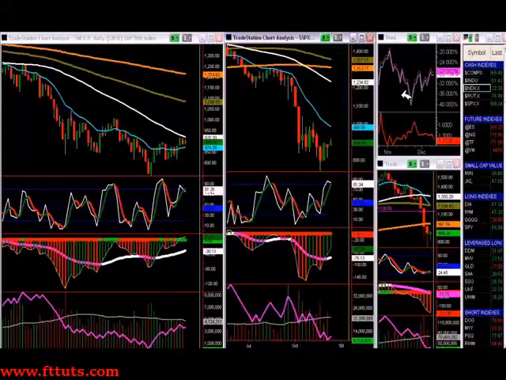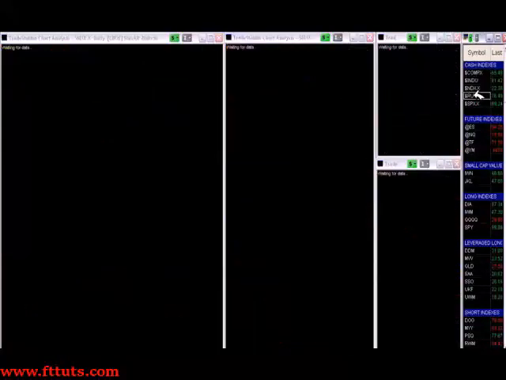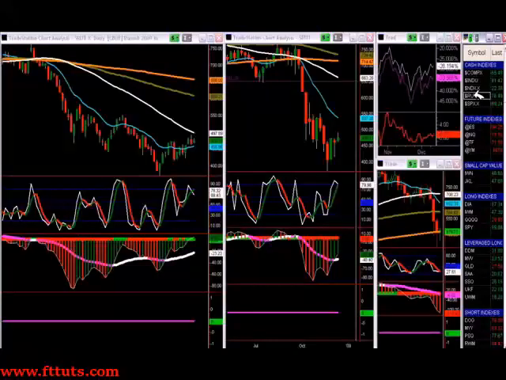Okay, so let's go through some of these. What I'm looking for is, of the major indexes, which are outperforming and which are underperforming. So the Russell here has been underperforming. The benchmark is the white one up here, and the one that we're checking is the purple one, magenta. Pretty close to the same.